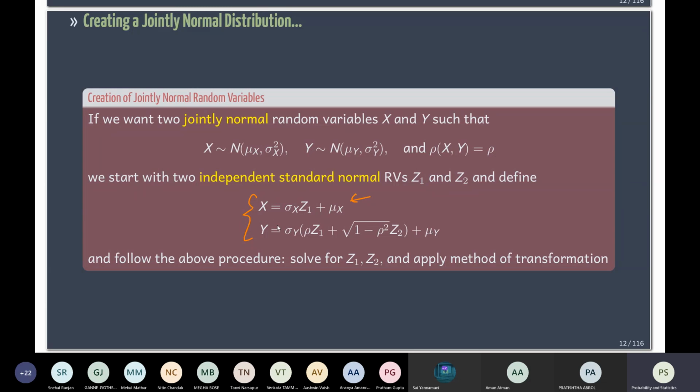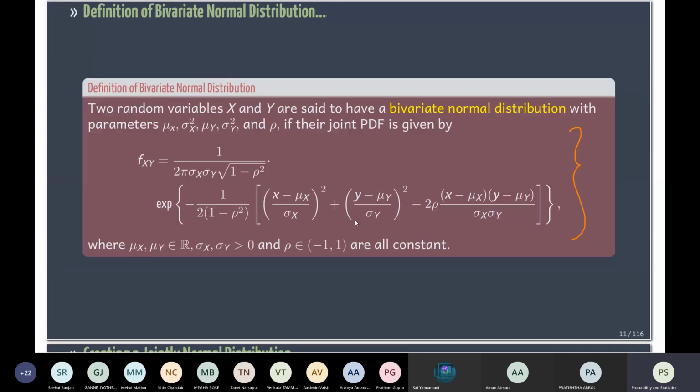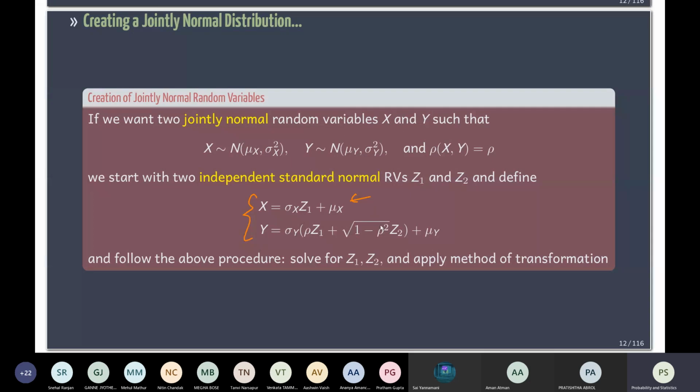With this choice, we solve for Z1 and Z2, then apply the method of transformation, and then we get the PDF like this. This is something you can verify. I claim that this will be the case.